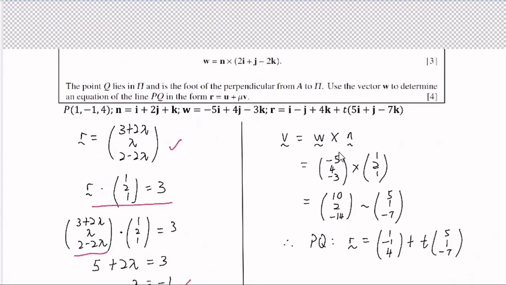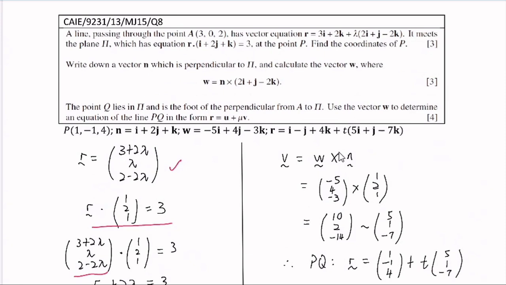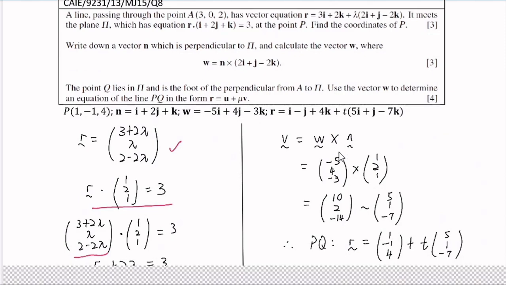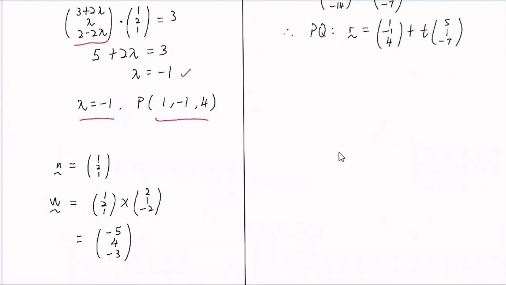For the next part, write down a vector n which is perpendicular to pi, and calculate the vector w, where w is n cross (2, 1, -2). Vector n perpendicular to the plane is basically the normal of the plane, which we have already obtained from the equation of the plane.